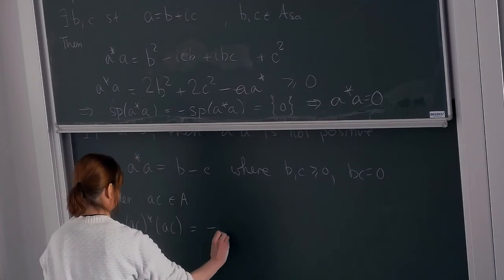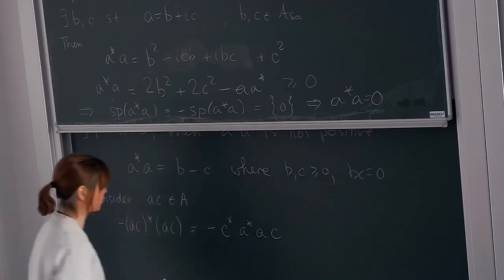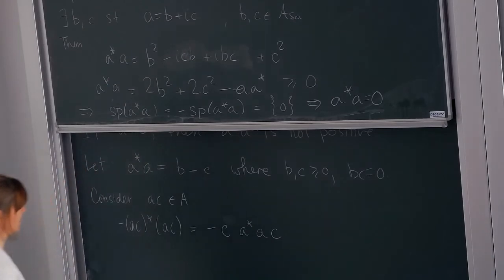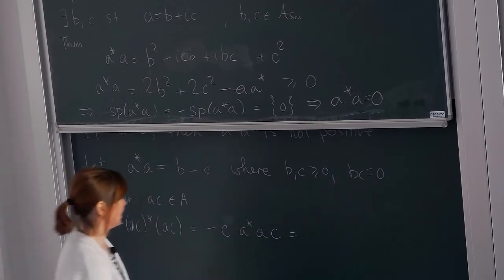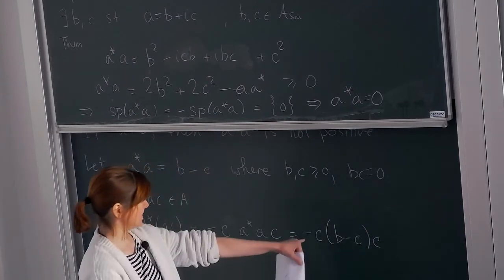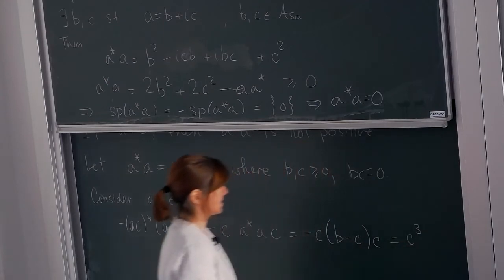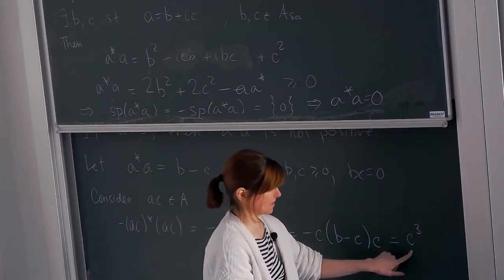We get minus C star A star A C, but of course C was assumed positive, and in particular self-adjoint. So we get this here. Now we sub in B minus C for A star A. B and C are orthogonal, so we get that this is C cubed. And since C is positive, so is C cubed.